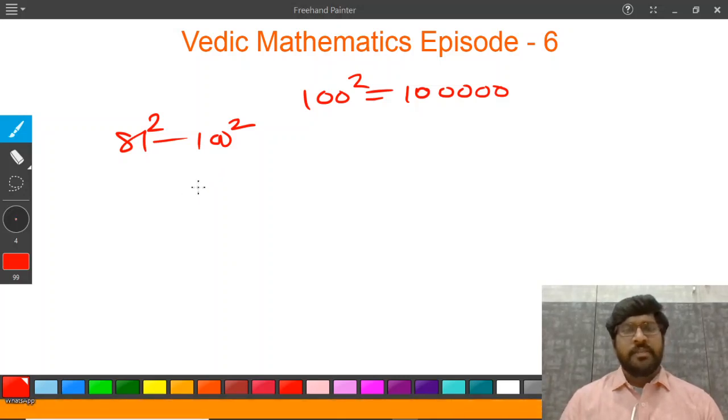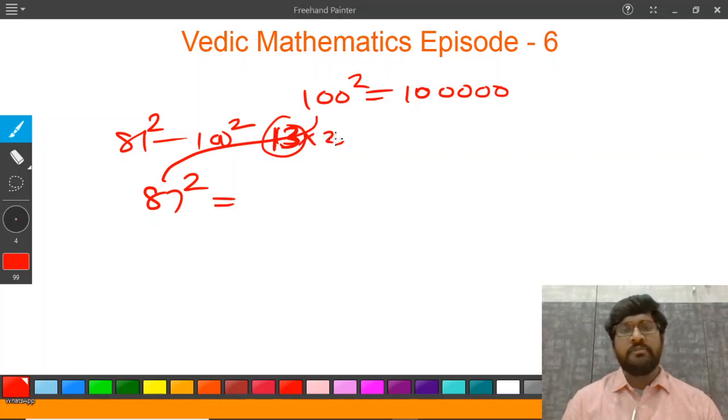Let's say you want to find 87 square. Now when you compare 87 with 100, this is 13 less. Since this is 13 less, into 2, 26. So 2600 I should subtract from 10,000.